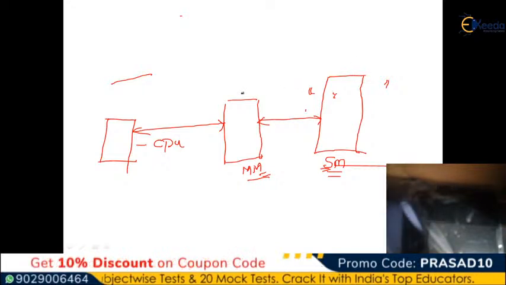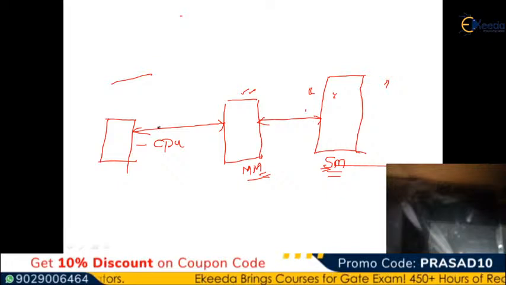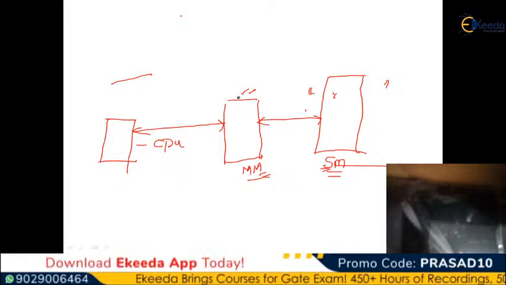But the main memory is directly available on your CPU motherboard. That's the reason why main memory is called a physical memory, and the secondary memory cannot be considered a memory at all.